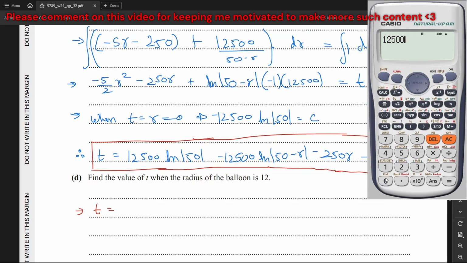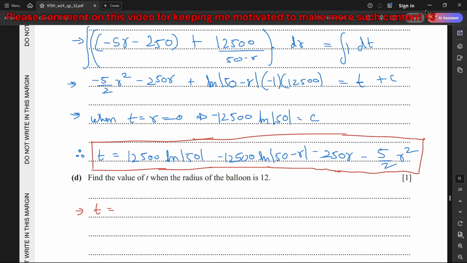So 12500 ln 50, I'm so sorry for my bad accent, guys. Minus 12500 ln of 50 minus r, where r is 12, and then whatever answer we have got over here, we have to do minus 250 into 12, and then minus 5 by 2 r square.